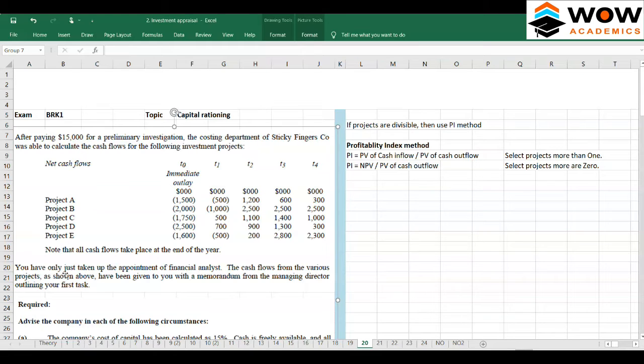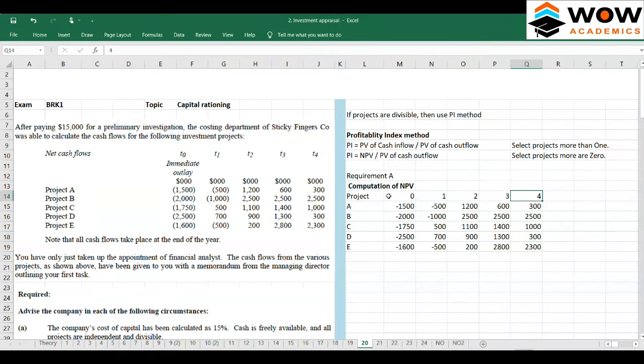You have only just taken up the appointment of financial analyst. The cash flows from the various projects as shown above have been given to you with a memorandum from the managing director outlining your first task. So our first task is the requirement. We have got all our numbers here, so we just have to find out the NPV.